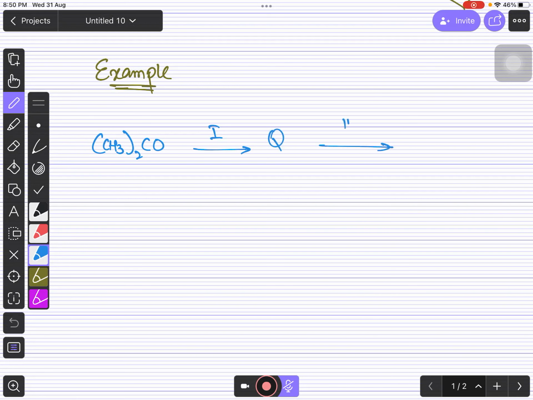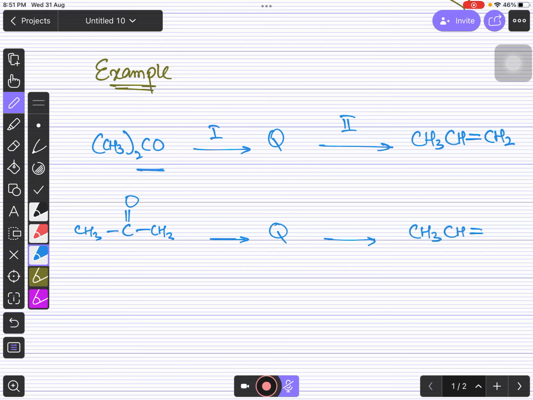And then it will react with what to form CH3 CH double bond CH2, right? So you know this. This is the carbonyl carbon, and on both sides we have CH3, right? And it is forming Q, and after this it is forming propene, which is actually an alkene.